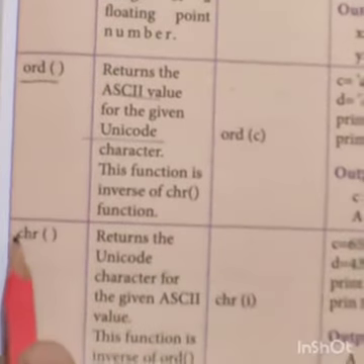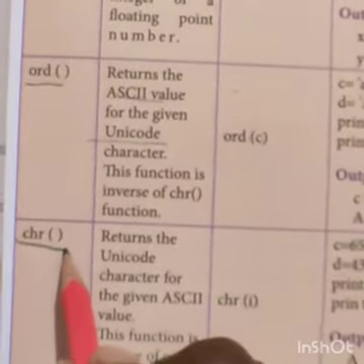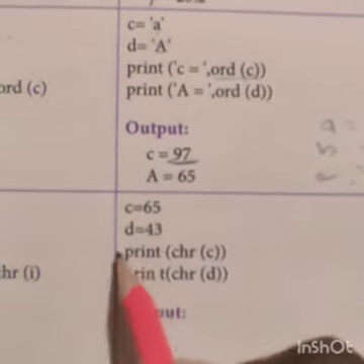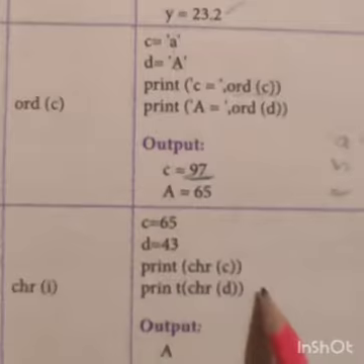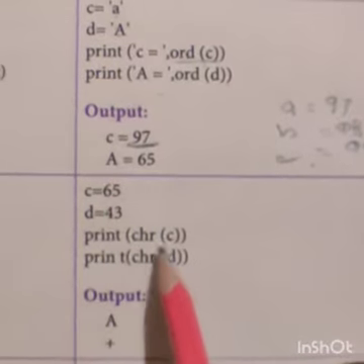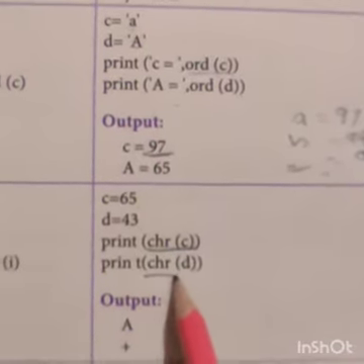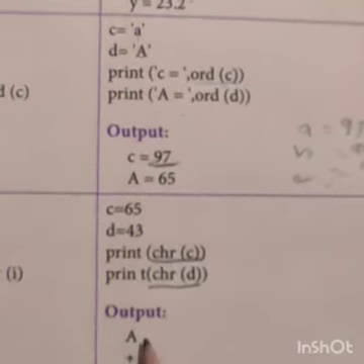Next, the chr function. See here, c is equal to 65, d is equal to 43. Then chr of c and chr of d. What answer will come?